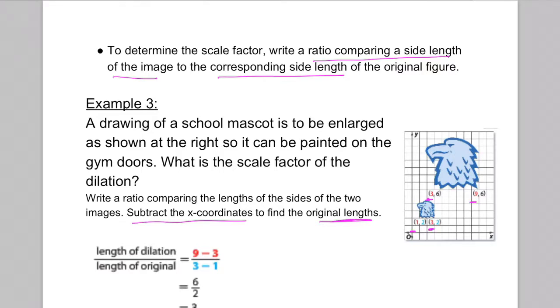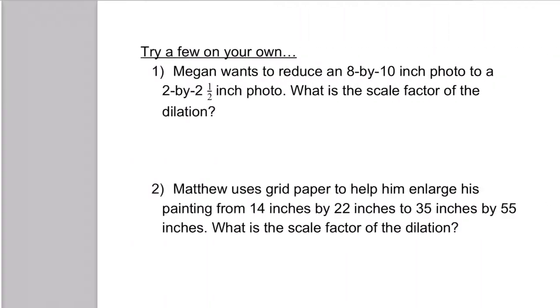Those are the x-coordinates of the new to the original. So they did 9 minus 3, which equals 6, over 3 minus 1, which equals 2. And 6 divided by 2 is 3. So the scale factor is 3. It's enlarged by a scale factor of 3.